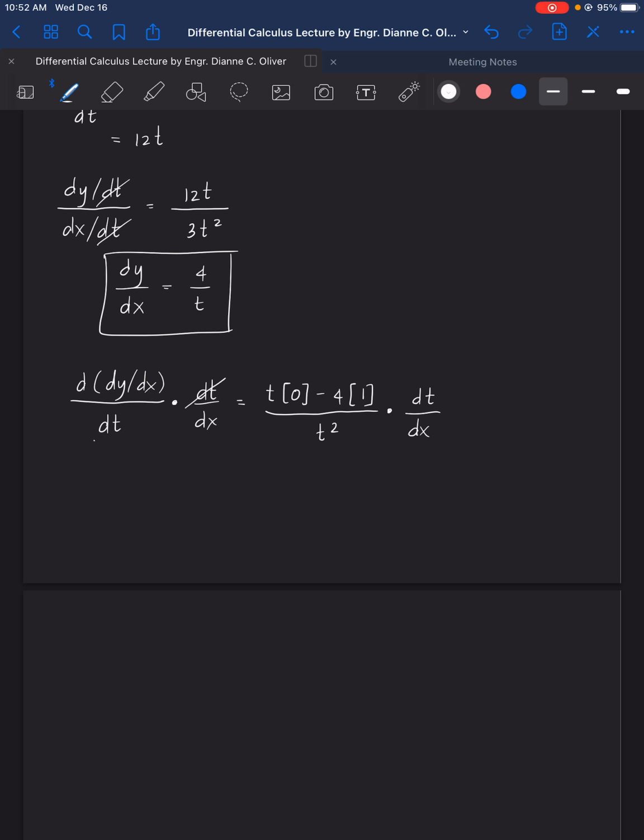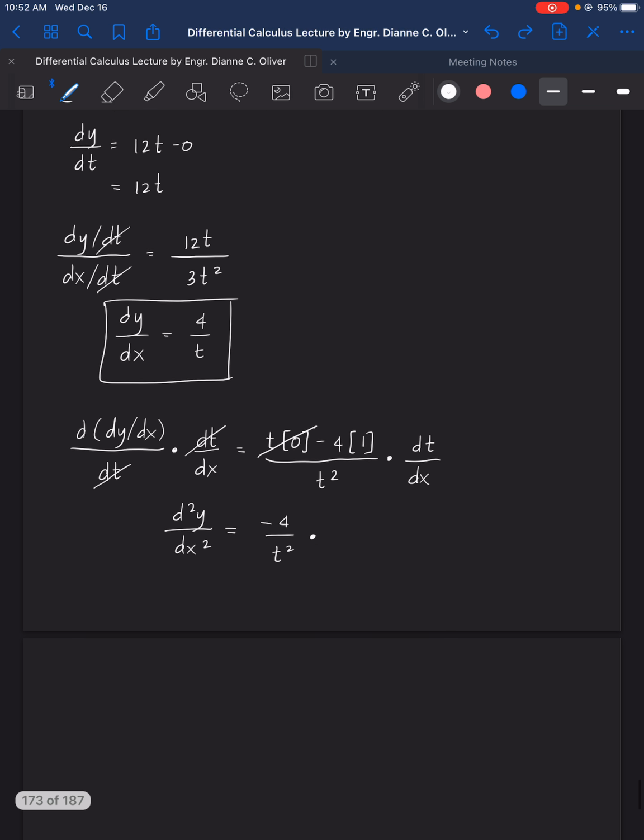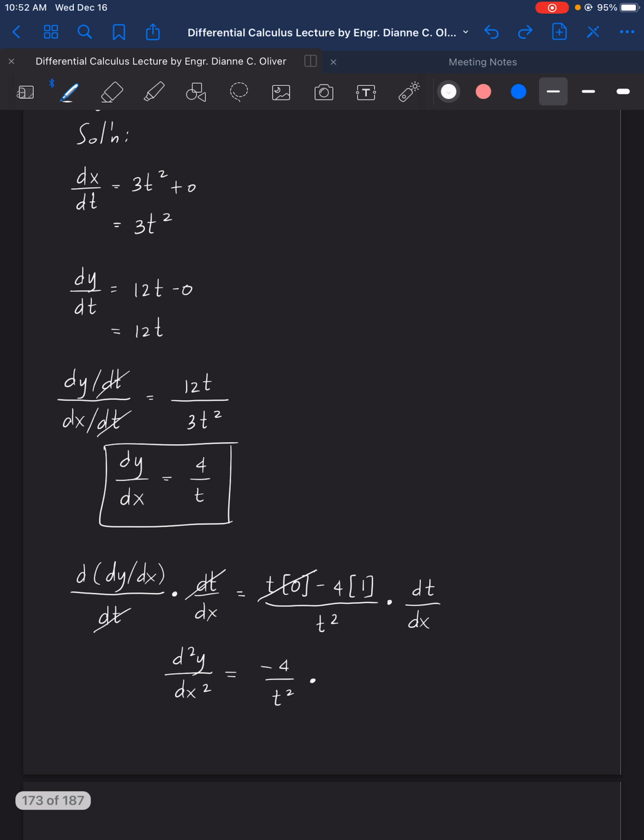So we cancel dt here. What's left? d squared y over dx squared is equal to negative 4 over t squared multiplied with dt over dx. So what is the reciprocal? We have there dx over dt equals 3t squared. So this becomes 1 over 3t squared.